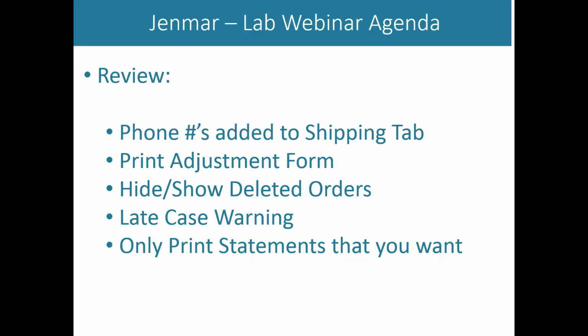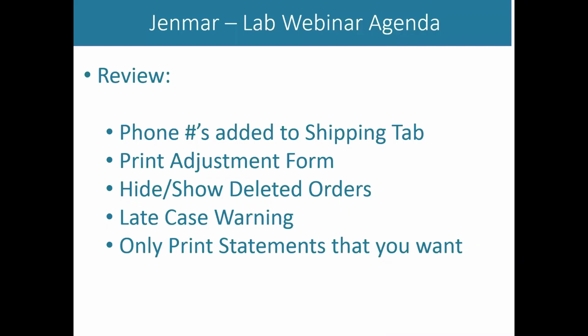So that's been implemented. We now have the option to hide or show your deleted orders. Before in the system, any order that you would delete would still be visible, but it would have a big red line through it. We can now manage whether or not we see those.